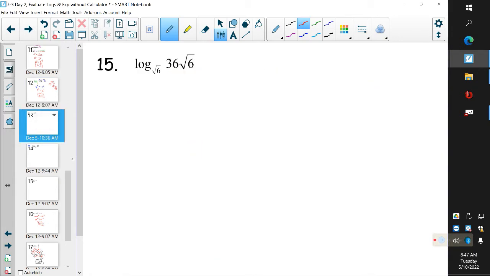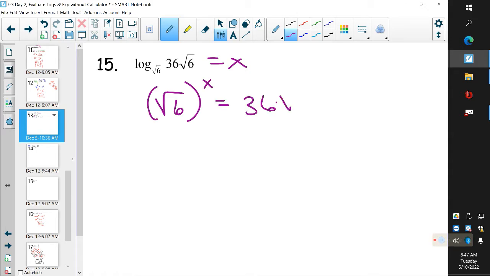Number 15, we're going to set this equal to x. So I have the square root of 6 raised to the x power is equal to 36 times the square root of 6. This is the power over the root, so I'm going to write this as a fractional exponent. 36 is 6 squared, and this we know to be 6 to the 1/2 power over root.